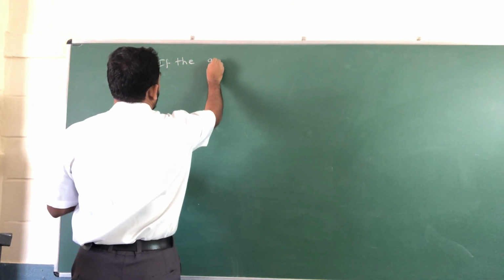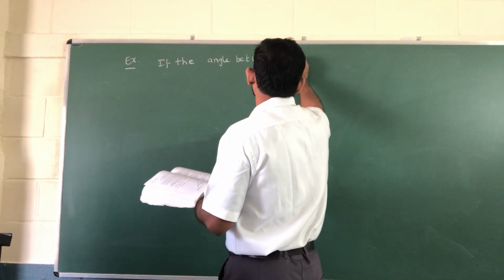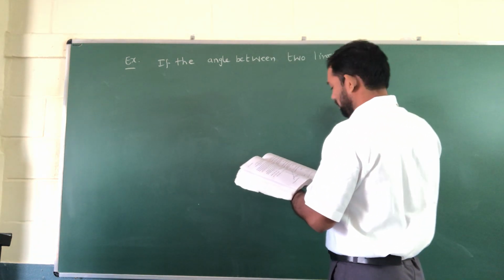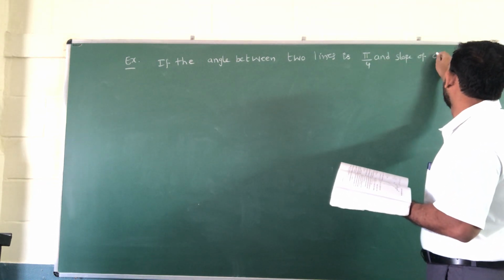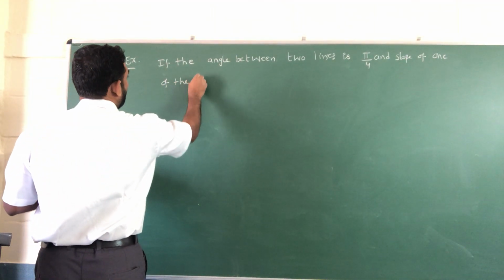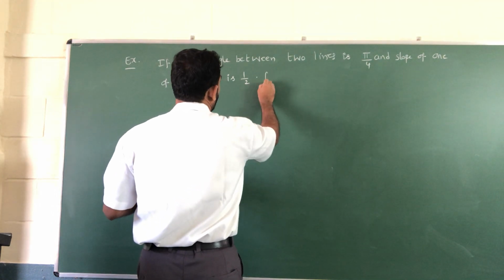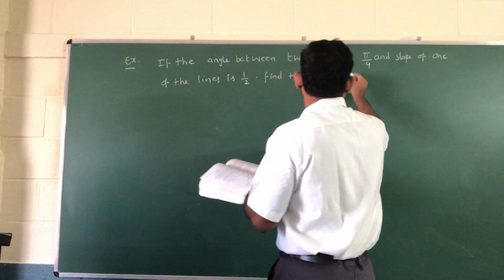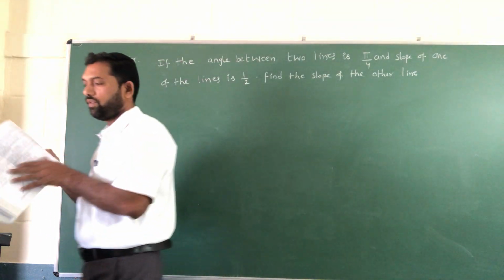If the angle between two lines is pi by 4 and the slope of one of the lines is 1/2, find the slope of the other line.